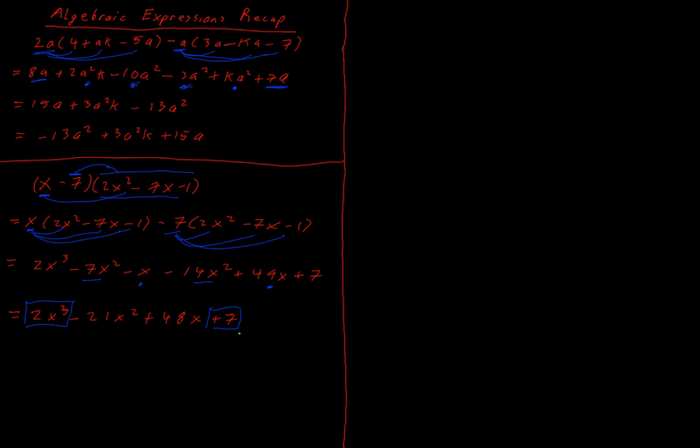Now, next thing I want to talk about is perfect squares. So we know what perfect squares are. I'll give you an example. 16 is a perfect square. Why is it a perfect square? Because it can be written as 4 squared. In algebra, the most basic form might be a squared.